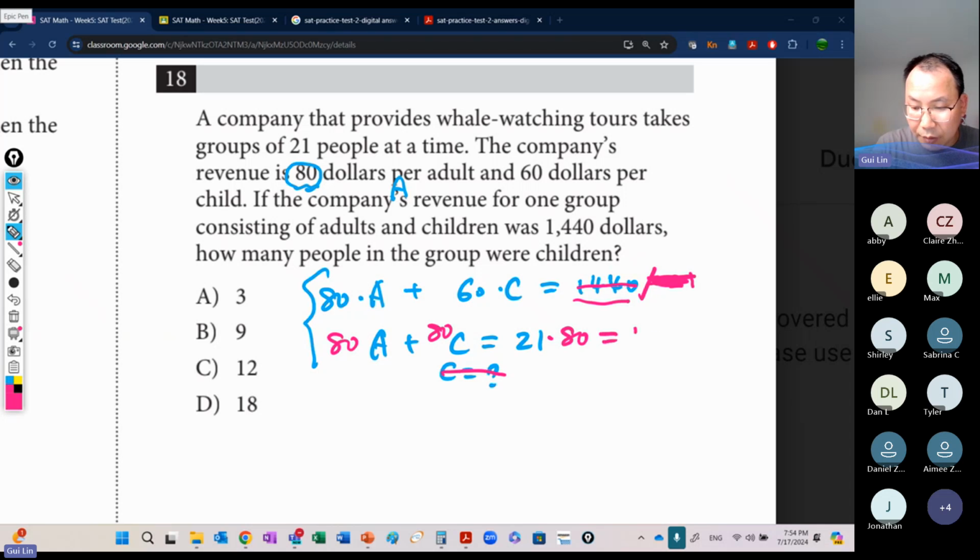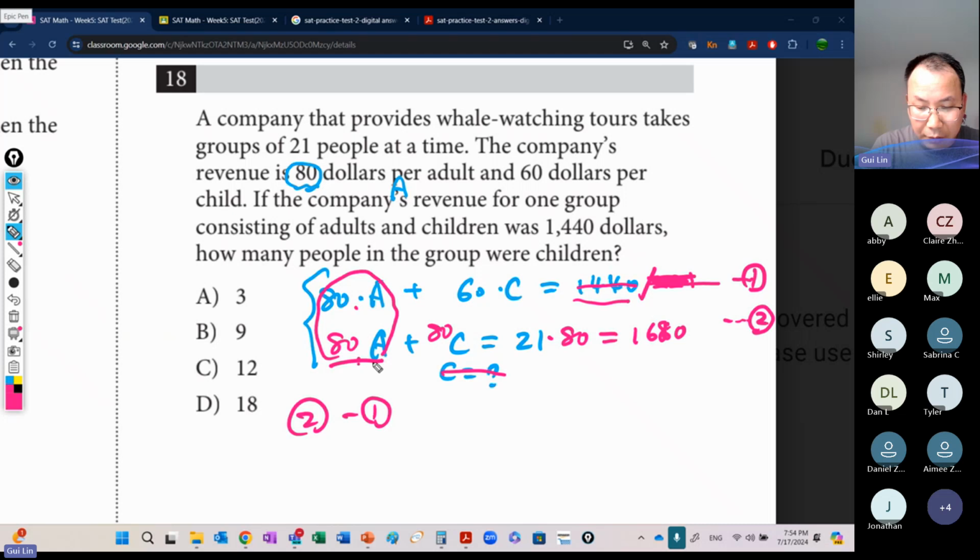Okay, so here is 80 times 21, 1680, right? So this is equation 1. This is equation 2. Use the same rule: top minus bottom, or bottom minus top. Let's use 2 minus 1, so bottom minus top.